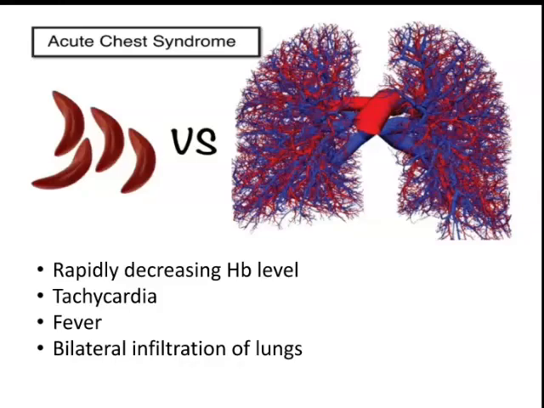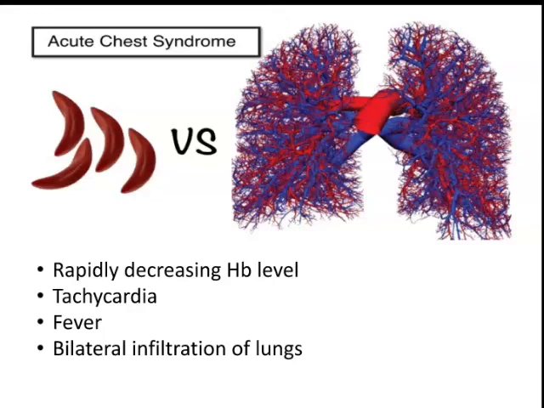The next one is acute chest syndrome. Here you can see the lung has so many blood vessels. It is very packed with blood vessels. So what happens when these sickle cells go inside this? Imagine. That is what happens in acute chest syndrome.